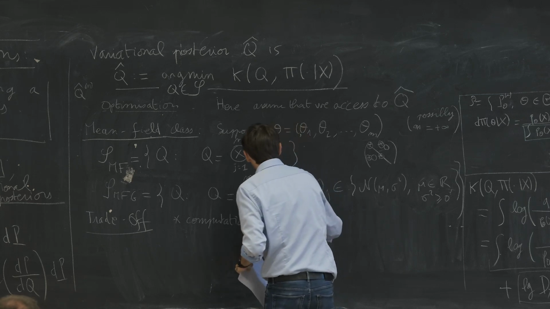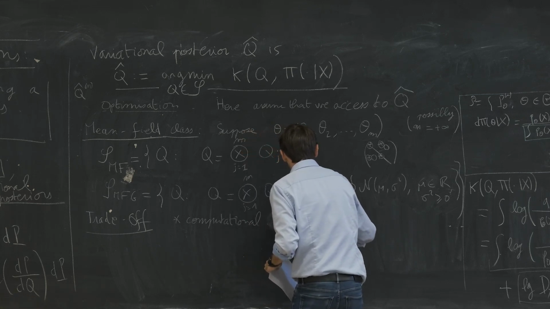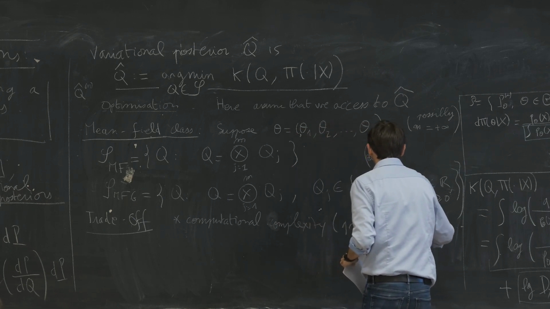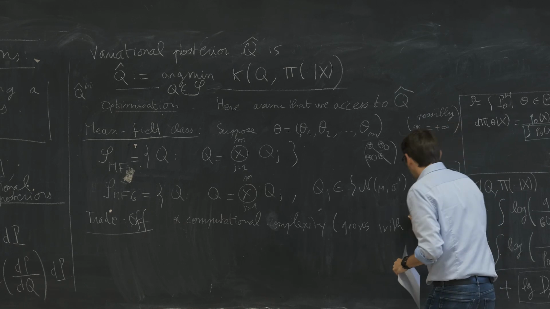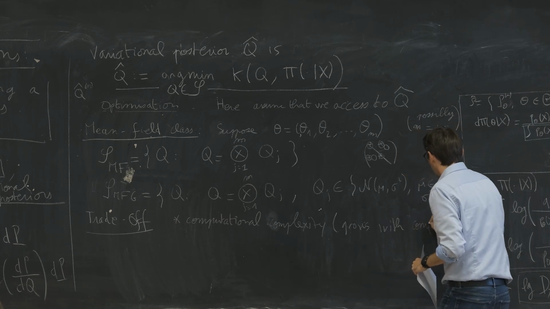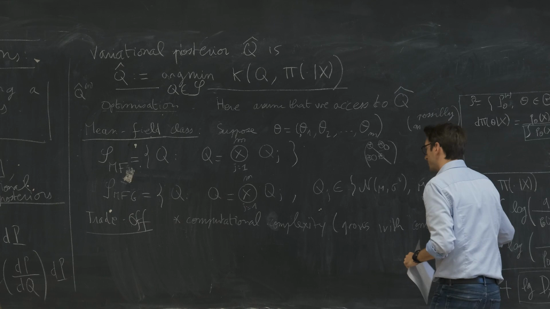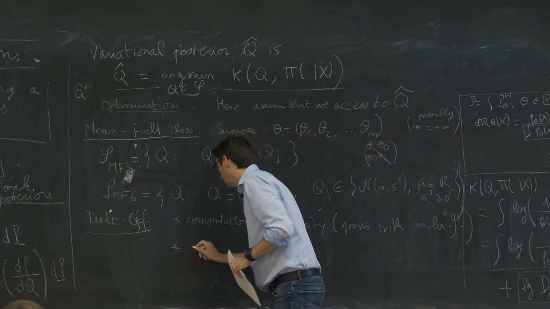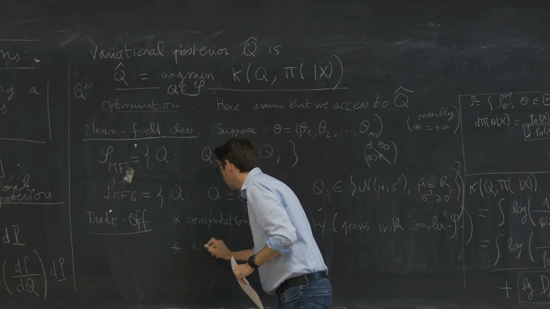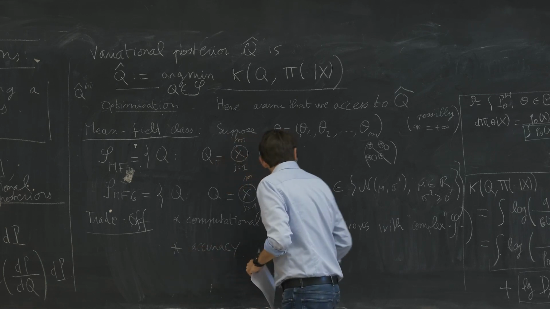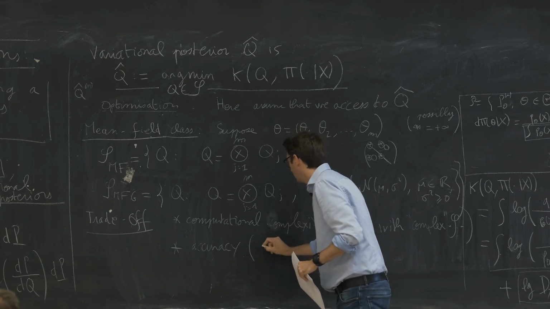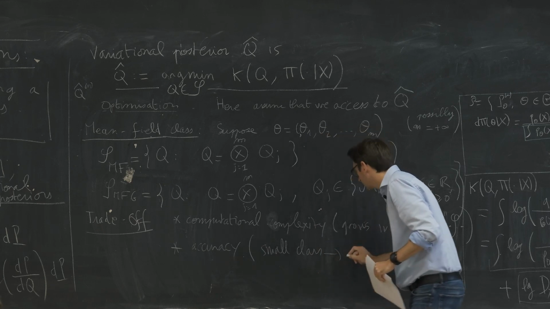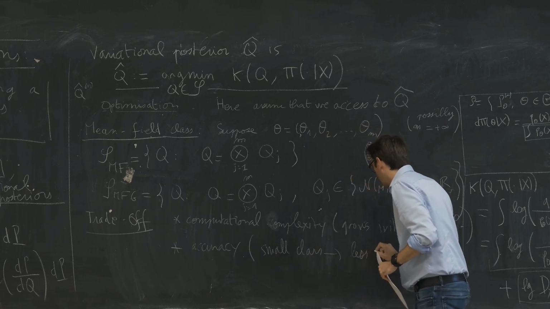complexity, which grows if we use a complex variational class, and also accuracy, because if the class is too small, a small class means that you have less approximation power.